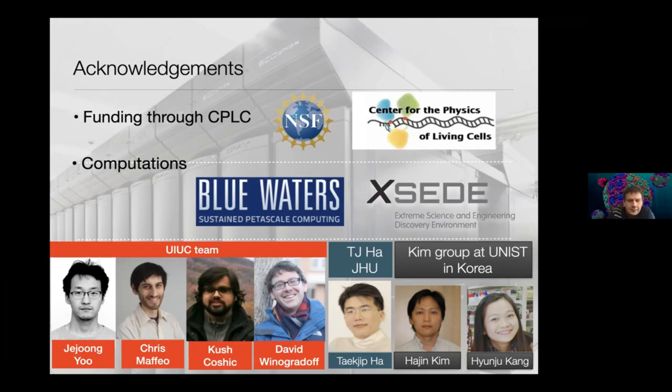And David helped us with nucleosome simulations, and we've been enjoying a wonderful collaboration with Stagjip, Ha, and Hajin, and his student. So thank you very much, and I'm slightly over time, but I hope it's okay.